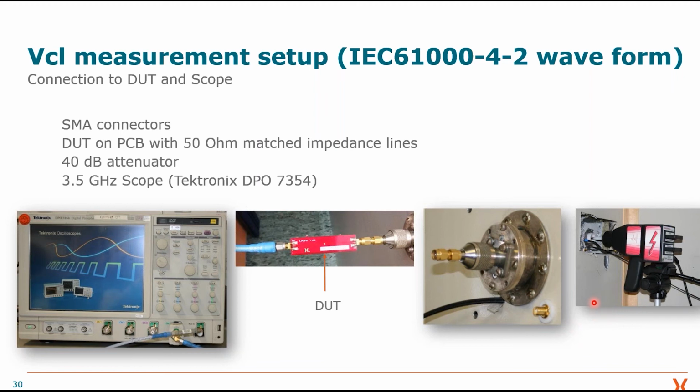You see on the right side that we cut a hole, and on the other side of the hole, we assemble an SMA adapter to get contact to the tip of the gun. And here we screw our device under test, meaning our ESD protection, on this small test PCB, and then we measure the voltage with the oscilloscope.